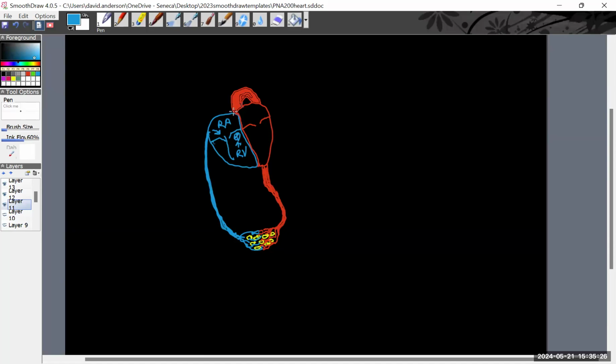And when it leaves the semilunar valve, it's going to leave through a pulmonary trunk that divides into a right and a left pulmonary arteries that go to our right lung and our left lung.